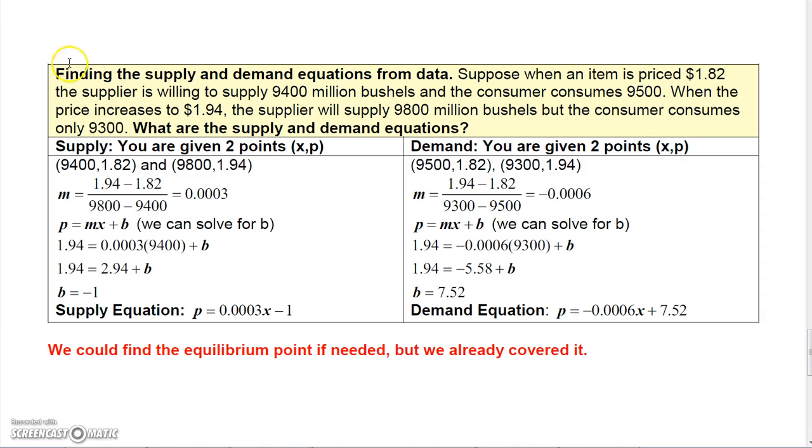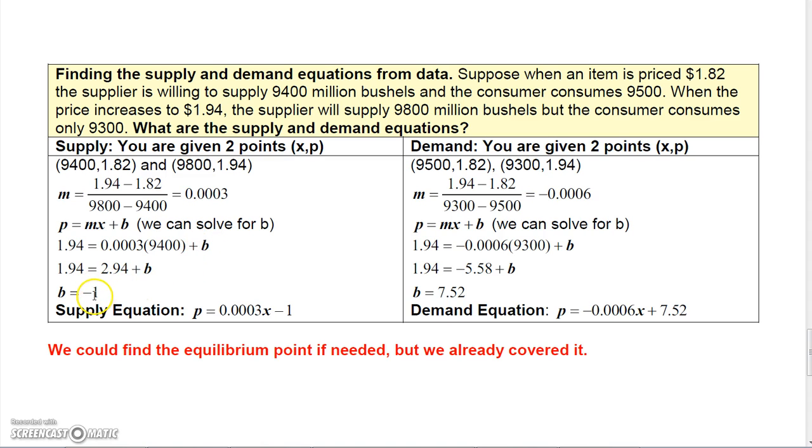Again, pause the video and read this problem to save me a little bit of time, and then start it when you're ready. Now, basically, if you read this problem, in the supply, you're going to have 2 points given, 9400, 1.82, and 9800, 1.94. And you can use those points to get the slope. And then once you get the slope, you can plug one of those points back in to get the y-intercept.